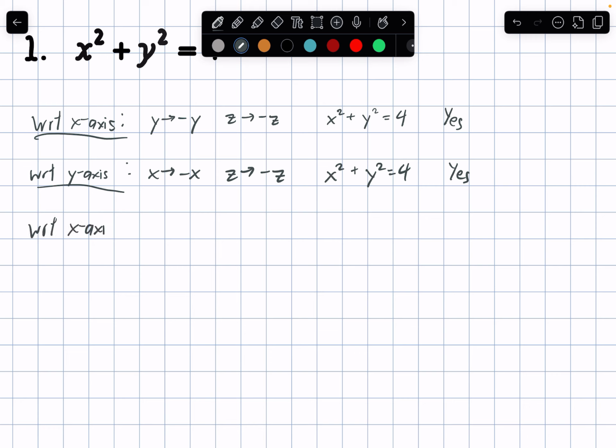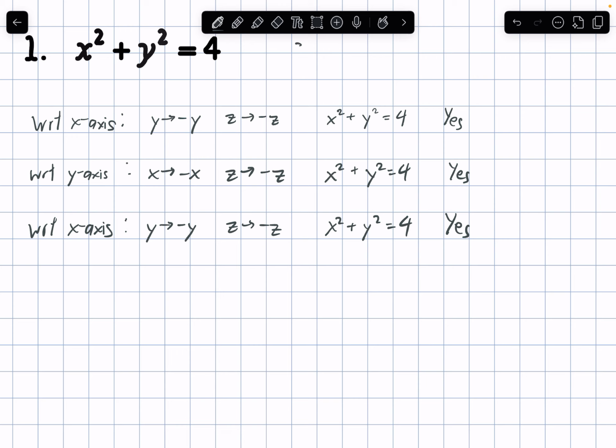How about with respect to the z-axis? y becomes negative y, z becomes negative z. x squared plus y squared... yeah, symmetrical with respect to the z-axis also.